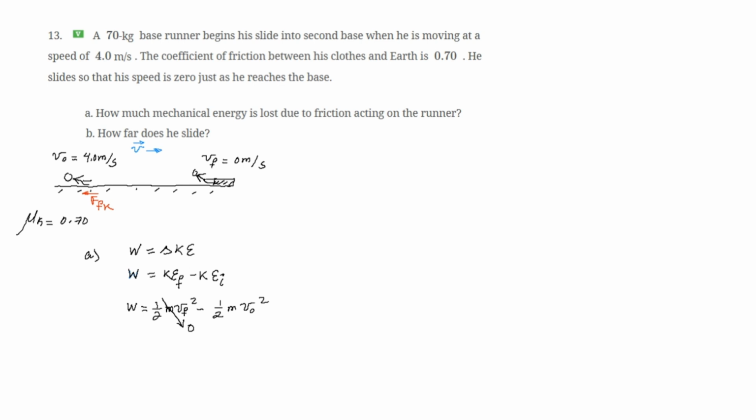So the work is equal to minus 1/2 mass times v initial squared. What is the mass of this person? The mass is given here, 70 kilograms, times the initial speed squared, so 4.0 meters per second squared.